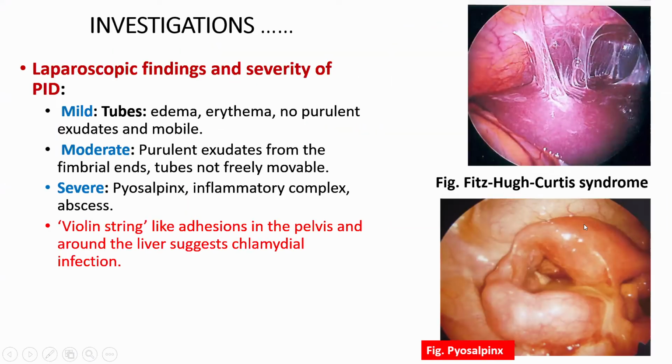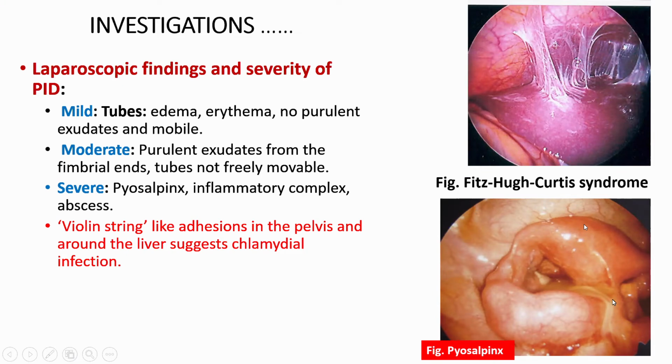So what are the findings in laparoscopy? In pelvic inflammatory disease, if it's a mild case, there is usually just edema. You can see the edematous tube, erythema, no purulent exudate; the tubes are mobile and edematous, but there is no pus in mild cases. In moderate cases, they are not freely mobile and there is pus, usually exuding from the tube.